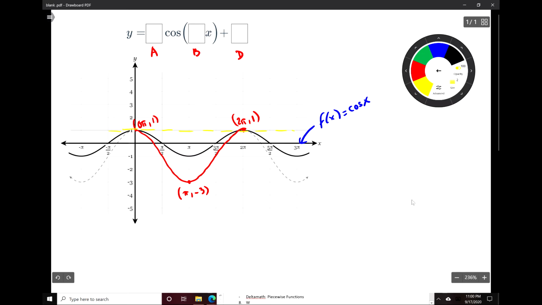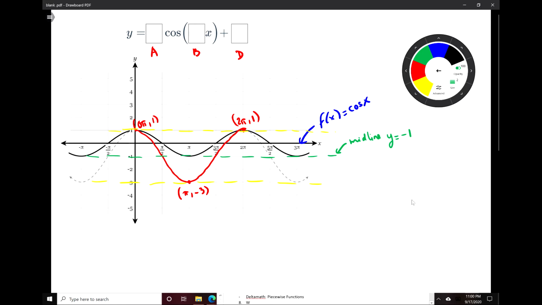The highest point is at 1, the lowest point at negative 3. Between negative 3 and 1, that will be negative 1. So my midline is y equals negative 1.